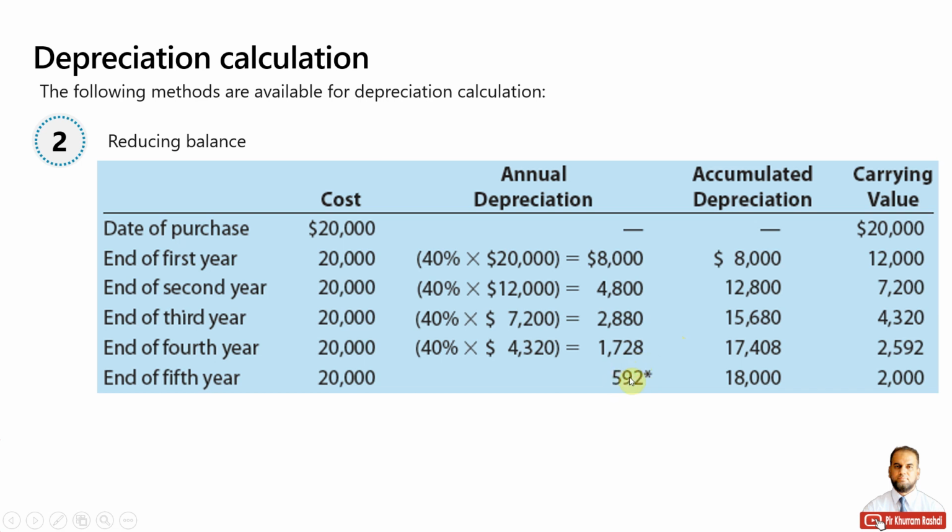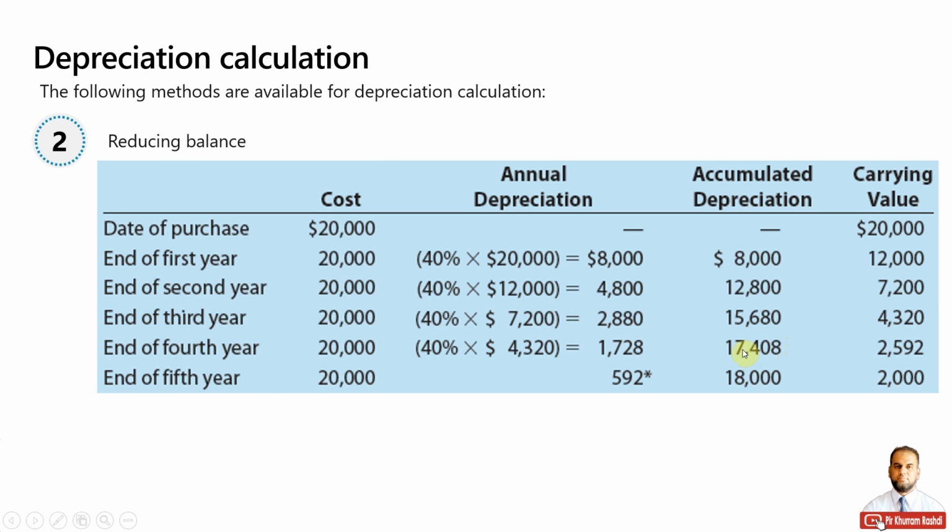Why this 592 here instead of a formula? Because the capitalization threshold, or the residual value, cannot be less than $2,000. So at the end of fourth year, 17,408 was the accumulated depreciation.